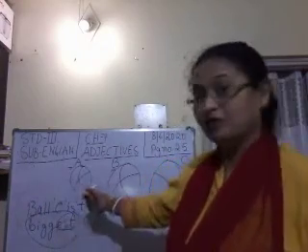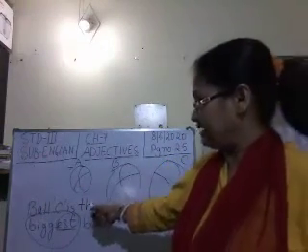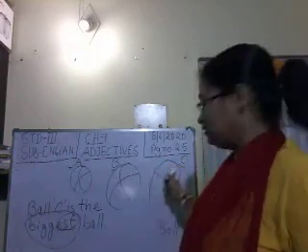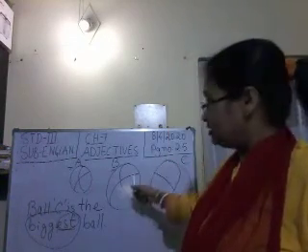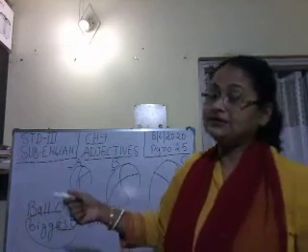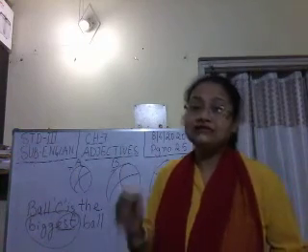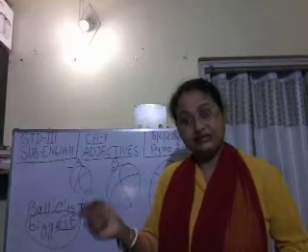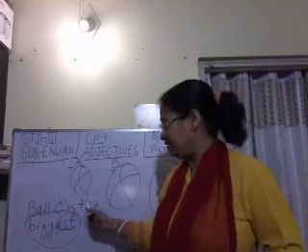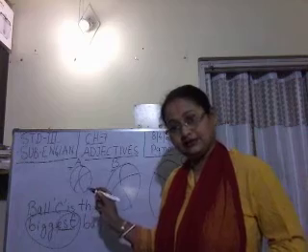When we compare 2 things, we make use of comparative. When we talk about 3 or more than 3 things, we make use of superlative degree. And what we have learned is that in comparative degree we use than, and before superlative degree we always put the.